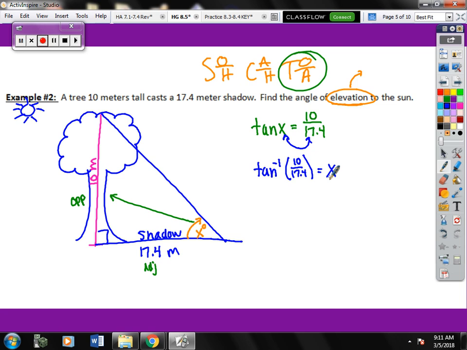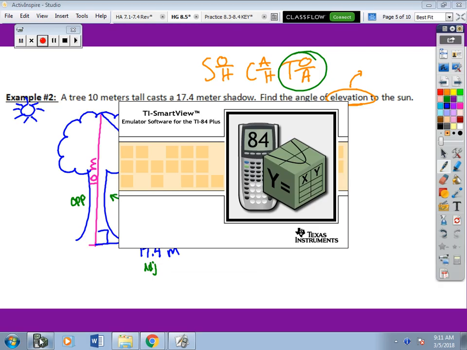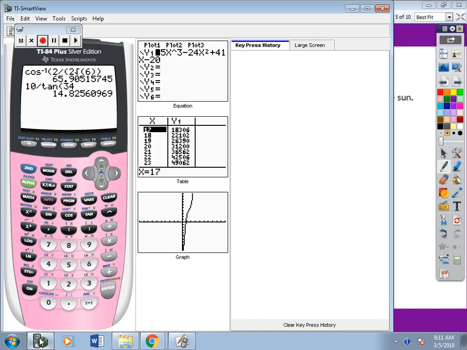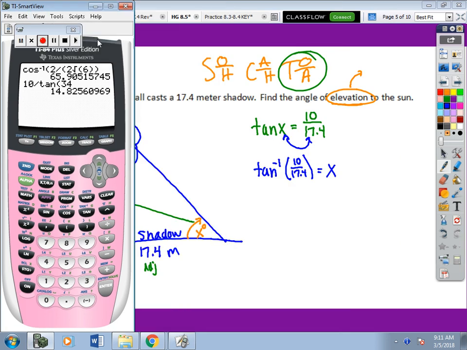Again, make sure we're in degree mode in case anyone switched calculators or is borrowing one of mine. Make sure it's in degree mode. And we will round to the nearest degree. So what would this be rounded to the nearest degree? 30.